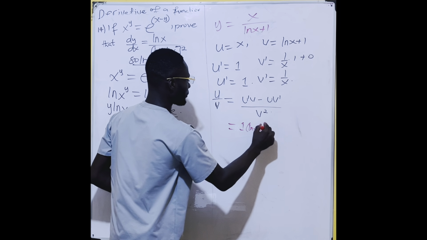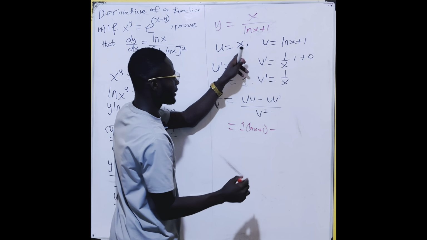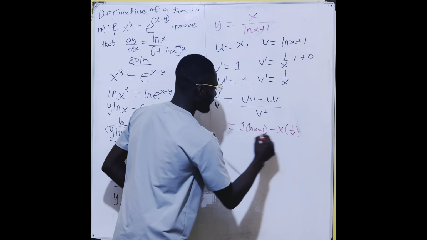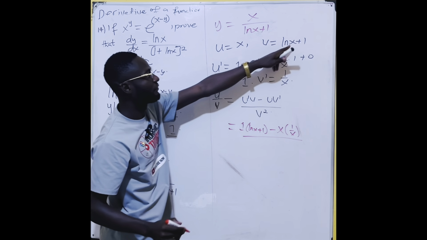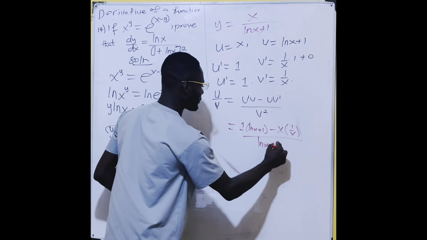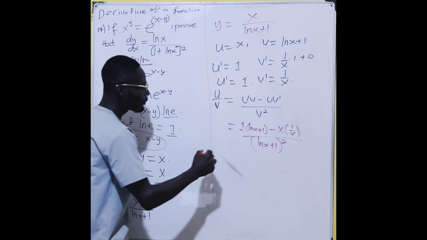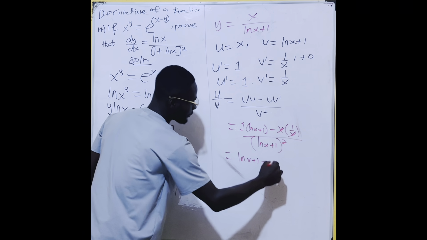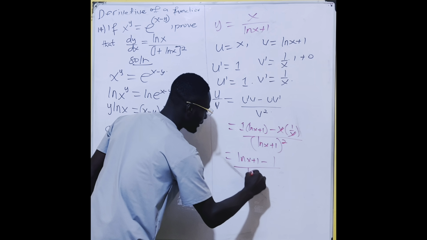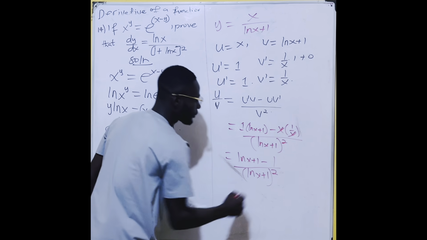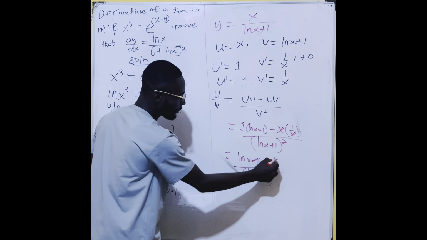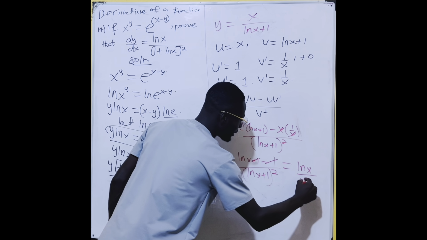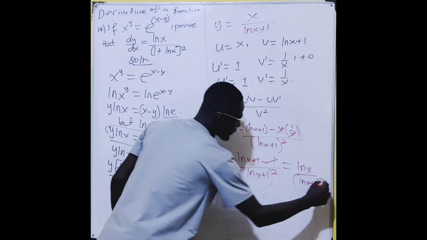Ln x plus 1 minus u is x, and our v prime is 1 over x, divided by v squared, and v is ln x plus 1 all squared. So we have ln x plus 1 minus, this cancels this, so we have 1 divided by ln x plus 1 all squared. So it means that this positive 1 will take off this negative 1. So we have ln x divided by ln x plus 1 all squared.